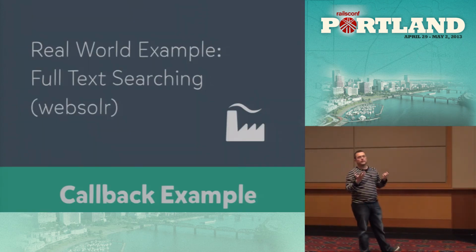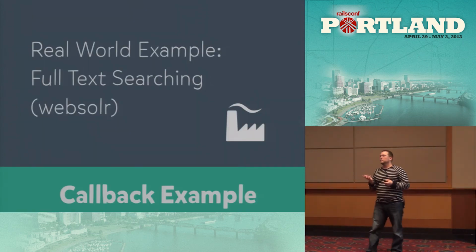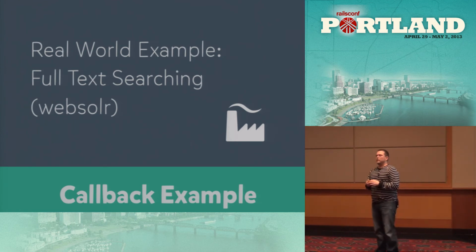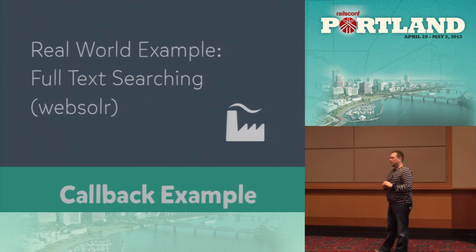There's another case where this happens in the wild, and it's full-text searching. So it's Websolr, or maybe you run a Solr server. Anytime a record is added, I need to add it to the index. Anytime it's changed, I need to tell the index that it's changed. And anytime it's deleted, I need to tell it that it's deleted.